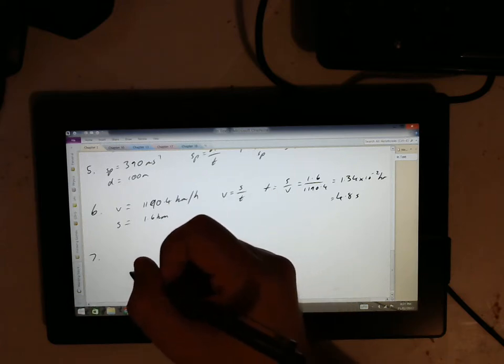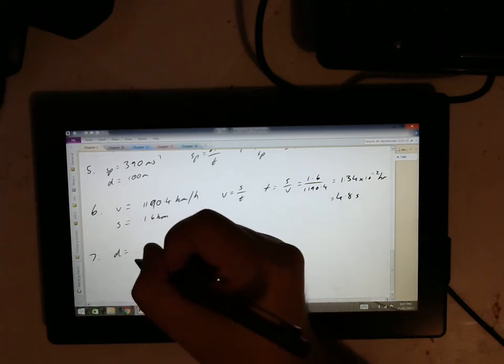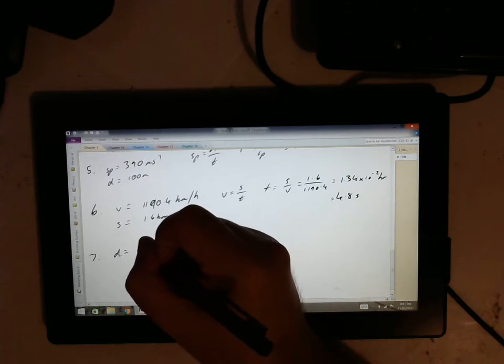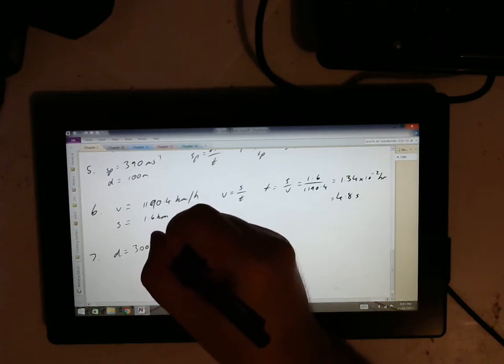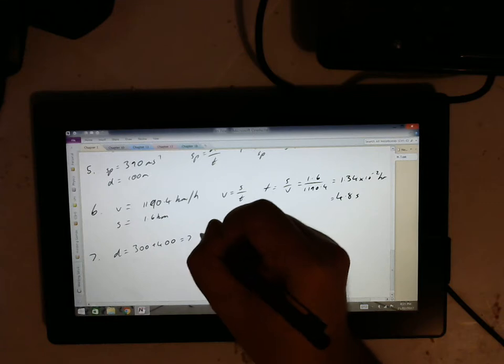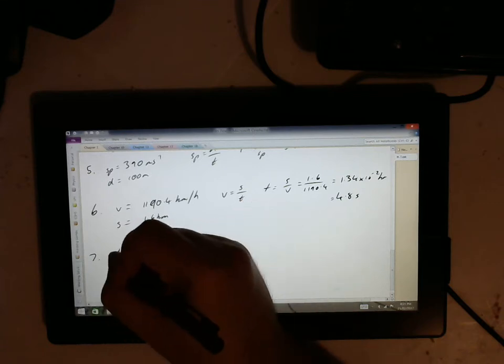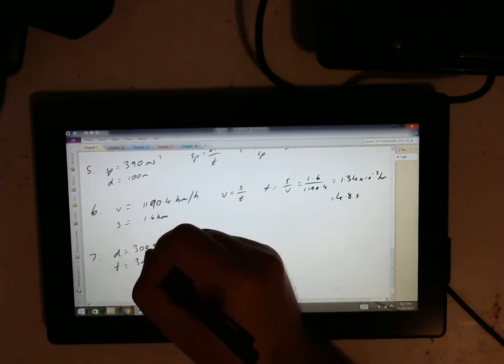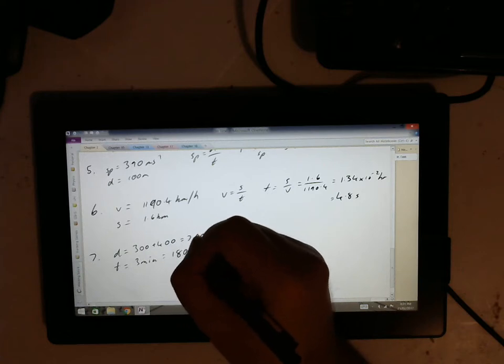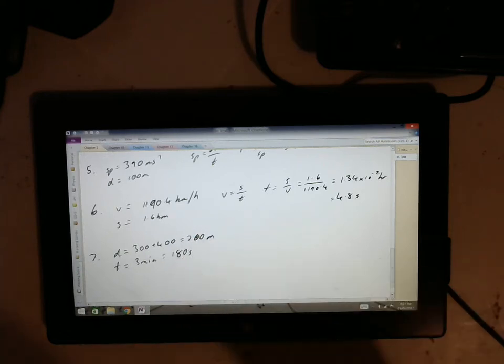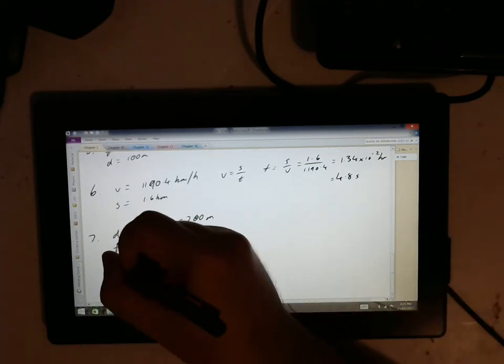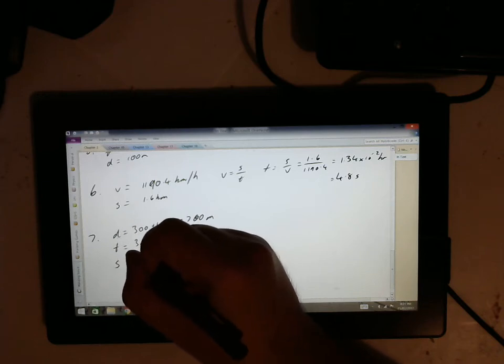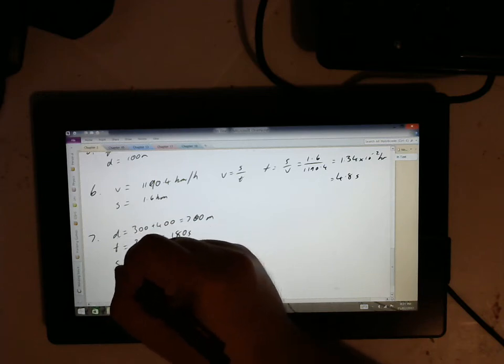The total distance equals 300 plus 400, don't care about direction, 700 metres. The time equals 3 minutes or 180 seconds. Remember SI units. The displacement we don't know yet. The velocity we want to calculate, and the speed we want to calculate.